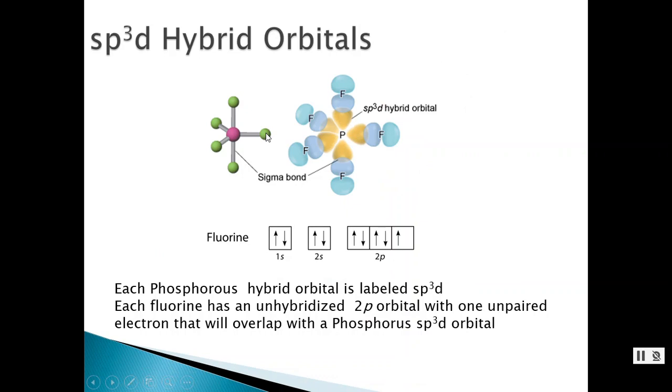And in those hybrid orbitals on phosphorus, that single electron in the sp3d hybrid orbital can overlap with an atomic p orbital from fluorine to give you that structure. So that's how sp3d hybrid orbitals theoretically are formed by central atoms.